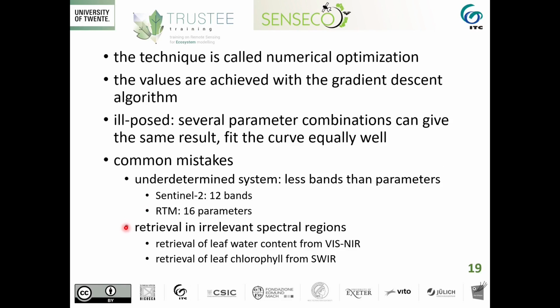For example, we saw just now that chlorophyll has an effect in the visible near infrared region. So we cannot retrieve chlorophyll in the shortwave infrared region. There is no signal. The same goes backwards. Leaf water content retrieval from visible near infrared spectra, where many spectrometers are now, is not possible with this technique.